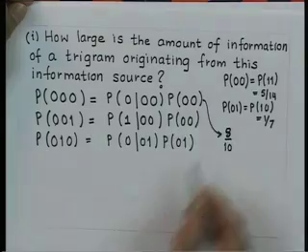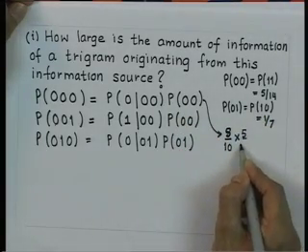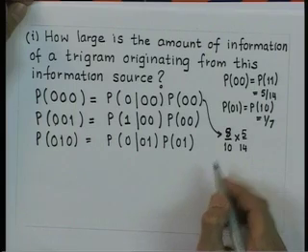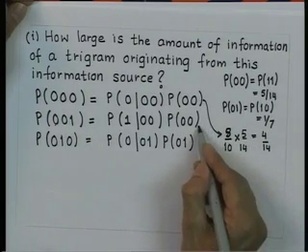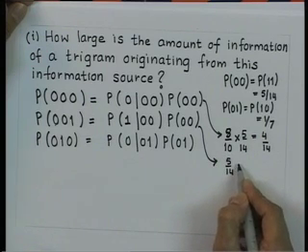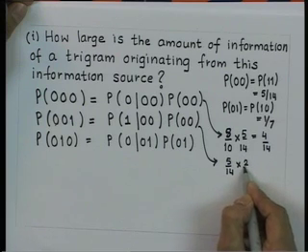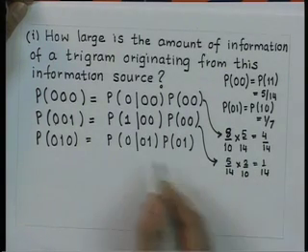This is the probability which has been given to us, and the probability of 0, 0 we have calculated, that is nothing but 5 by 14. So, this turns out to be 4 by 14. Similarly, this quantity turns out to be 5 by 14 multiplied by 2 by 10, which is equal to 1 by 14.